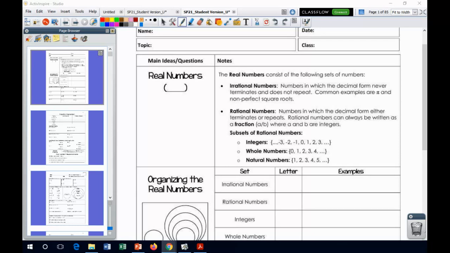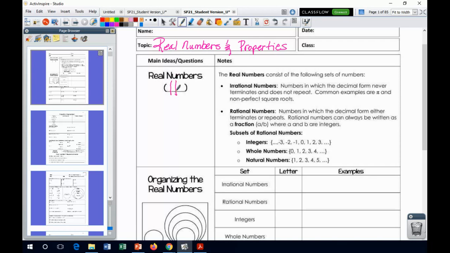All right, so the topic is real numbers and properties. The way that we denote real numbers is R double bar.